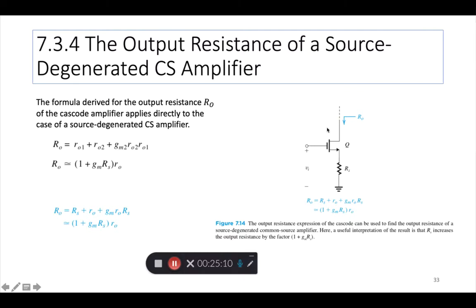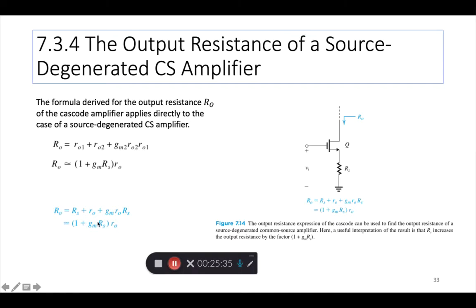So if you have such an amplifier, nothing to do with cascoding, what he's pointing out is that the output resistance seen here is similar to what we derived for the cascoded case. So the cascoded has this form, the output resistance, which is simplified to this form.